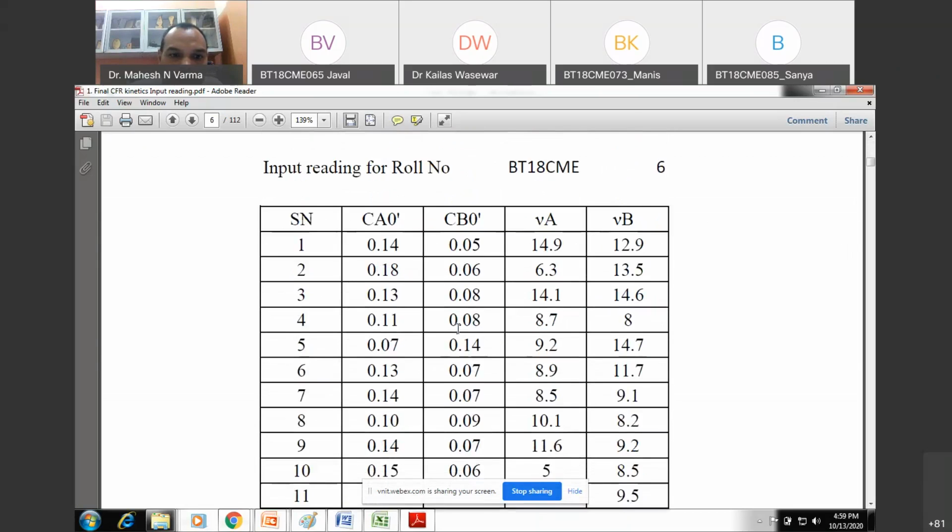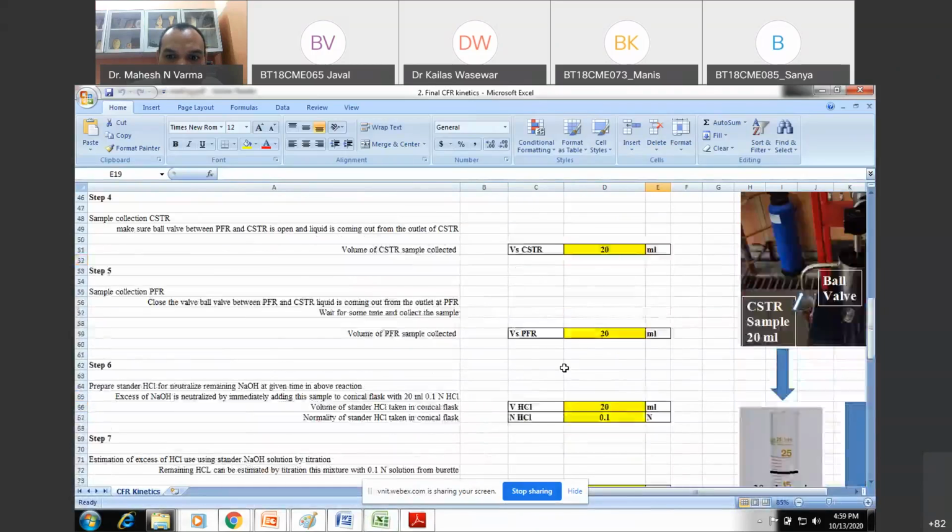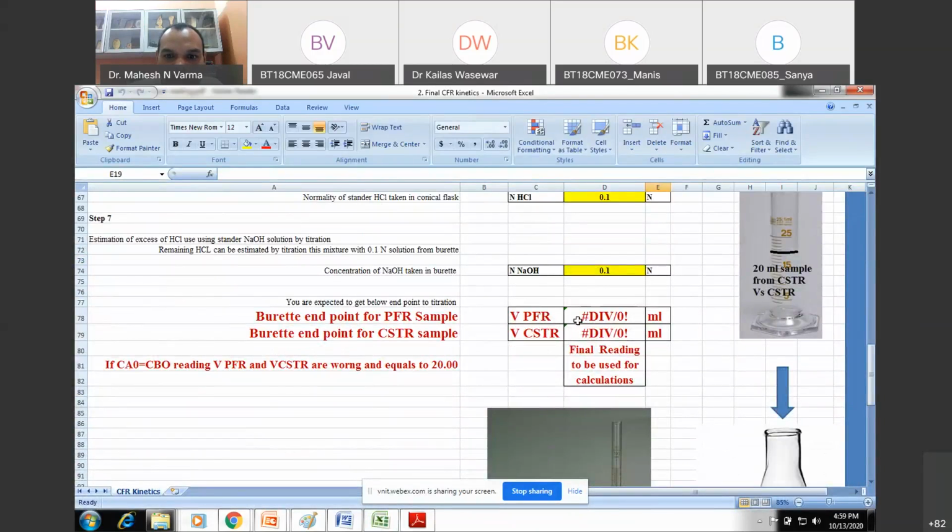So for example, this 8th reading. What it says: CA0 is 0.1, CB0 is 0.09. Currently this sheet is showing some odd values, divide by 0 or something.